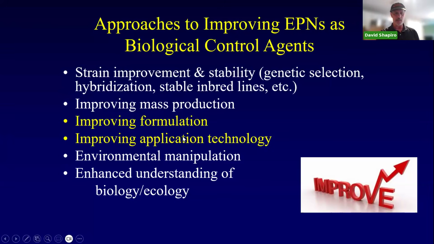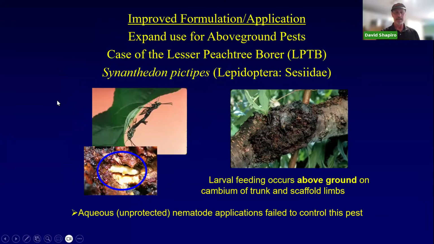So I'm just going to give a couple of examples of improving formulation and application technology. So let's take the case study of lesser peach tree borer. Probably the biggest barrier to wider use of entomopathogenic nematodes is in applying them to above ground pests, and that's because of their sensitivity to UV radiation and desiccation.